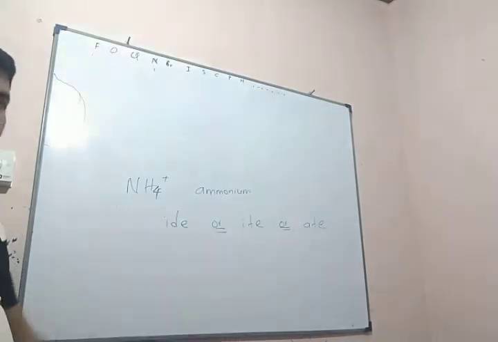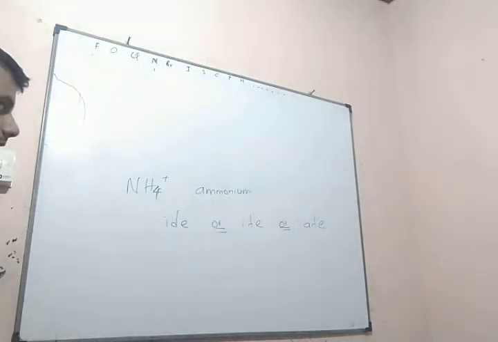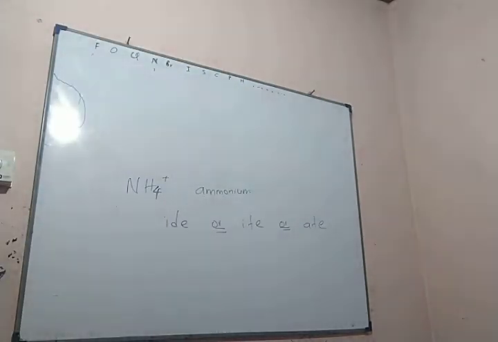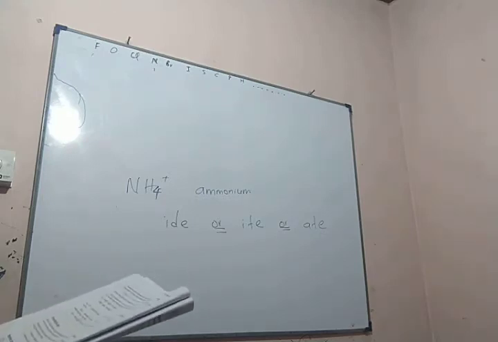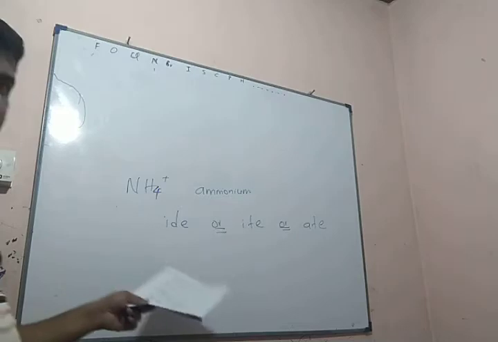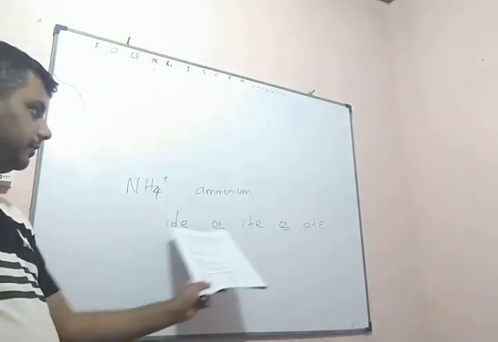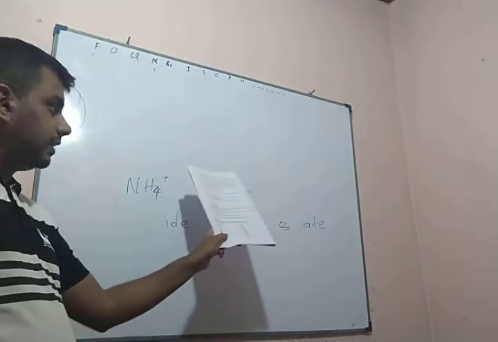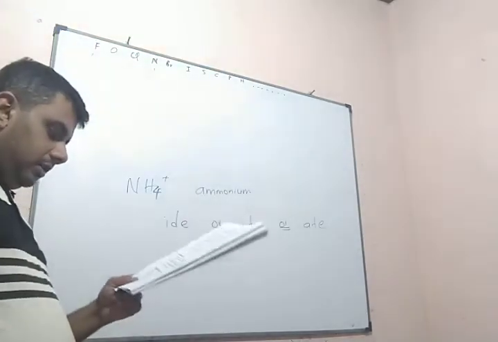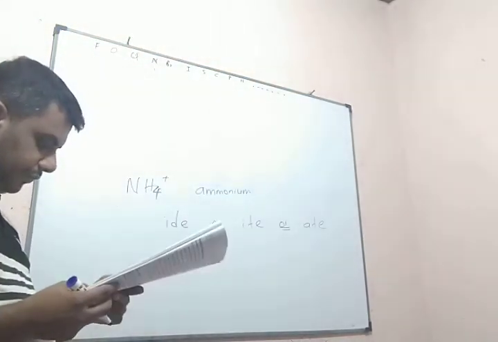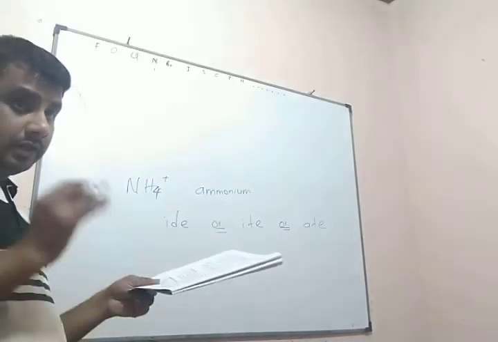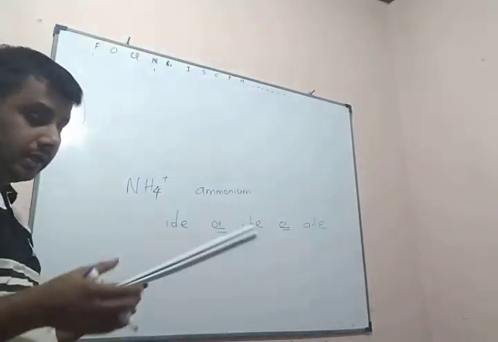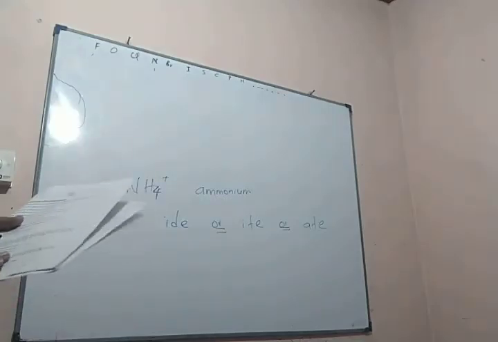IDE, ITE, ATE. So these types of suffixes are used. For a cation the suffix ium is used. I think NH4 plus is the one and only cation you need, but there are many anions.